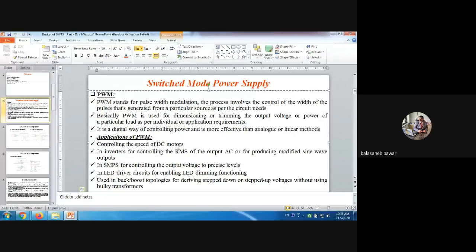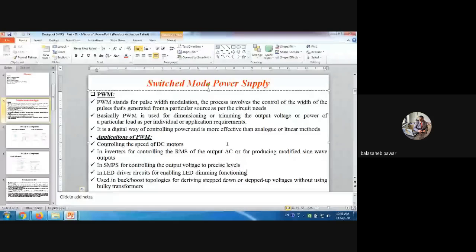Then in inverters for controlling the RMS of the output AC or for producing modified sine wave outputs. Then in SMPS for controlling the output voltage, already we discussed. In LED driver circuits for enabling LED dimming, it is one and the same thing as the first, controlling the speed of DC motor.